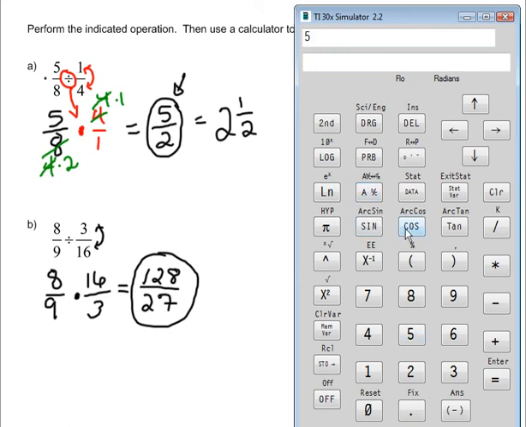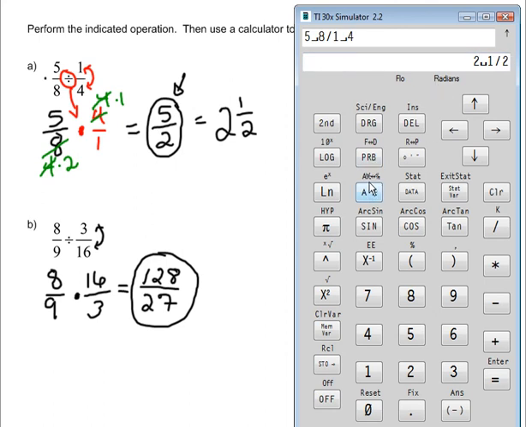So we're going to enter in 5, fraction key 8, and that's being divided by, so there's our division, 1, fraction key 4, and when I press enter, notice that it gives the mixed number form. But we can go ahead and change that to the improper, or have our calculator do that for us.